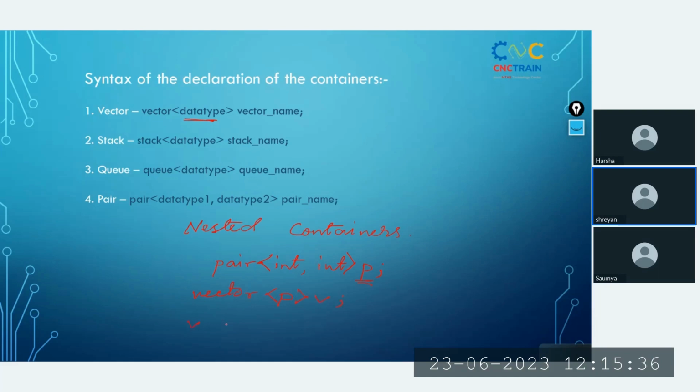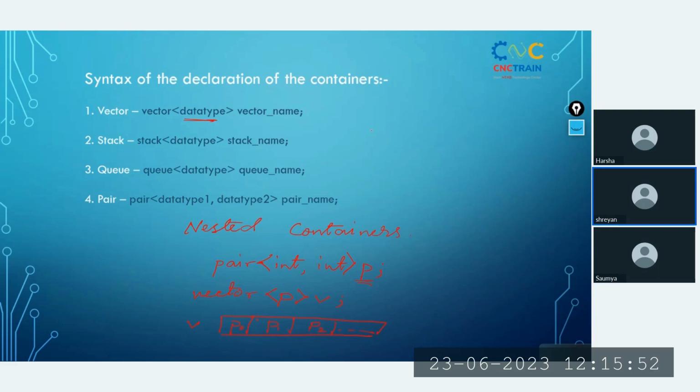The vector will have elements, and each element will be like P0, P1. Each of them will be a pair. So this can be nested like this.